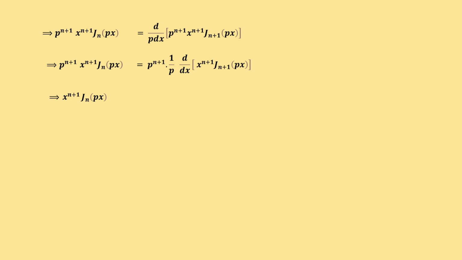So remaining, the left-hand side x^(n+1) J_n(px) is equal to 1/p d/dx of x^(n+1) J_(n+1)(px). That is equation number 2.